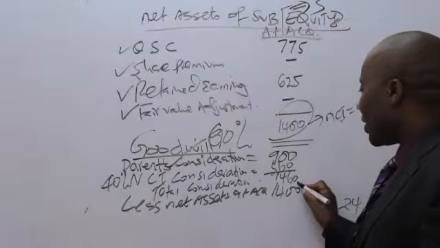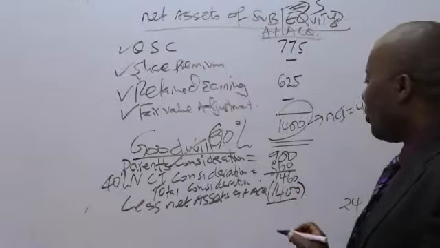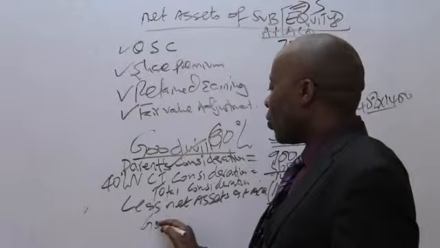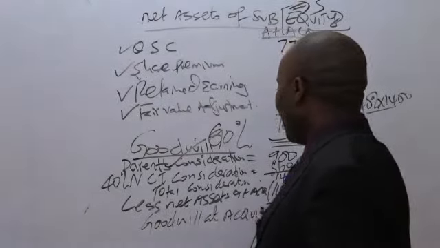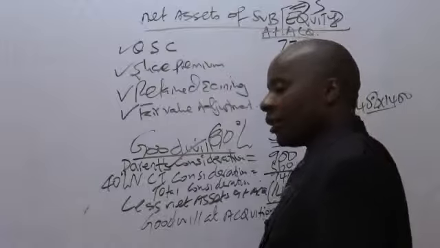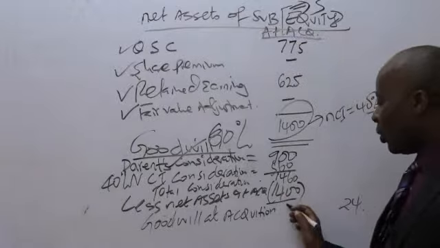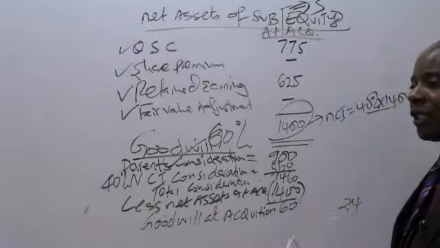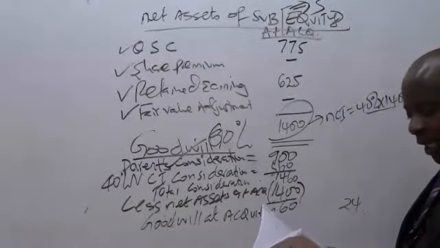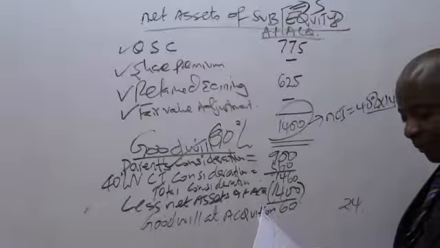So then come and subtract the net assets for you to be able to give us goodwill at acquisition. So goodwill at acquisition will be 60.